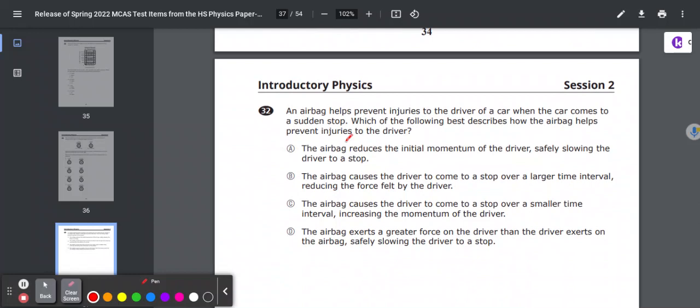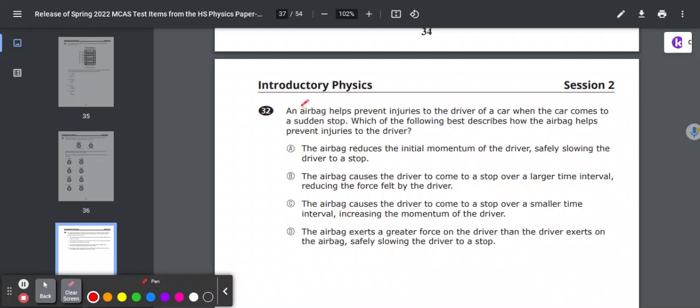Next one. An airbag helps prevent injuries for drivers. Which of the following best describes how an airbag helps? This question is about impulse and changing momentum. What an airbag does, if I explain it without the answer choices, is reduce the force applied to us by the crash by spreading the force over a longer period of time.